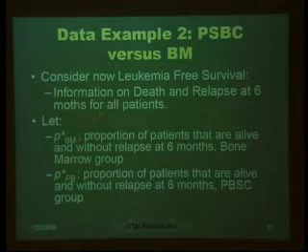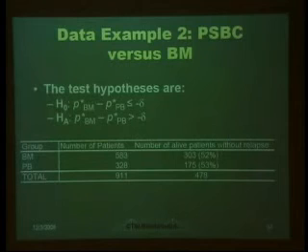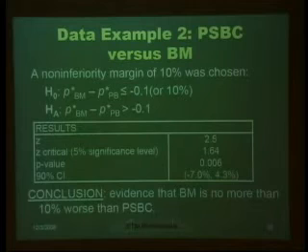So here I'm looking now at the proportion of patients that are alive and without disease at 6 months. And I have the same 911 patients, and 52% of them received bone marrow, and 52% of them were alive and disease-free without relapse at 6 months, and here 53% of the patients were alive and disease-free.